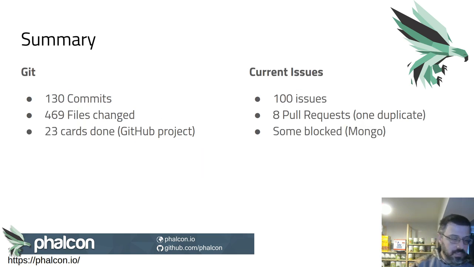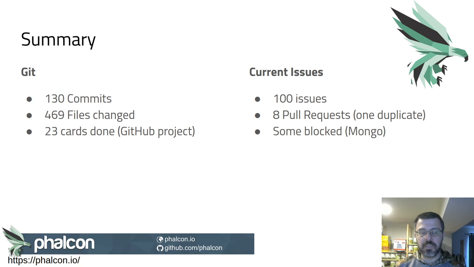All right. So the summary for this release: we had 130 commits, 469 files have been changed, and we finished 23 cards in our GitHub project. A card denotes one issue, and it does not restrict itself to the Cphalcon repository.